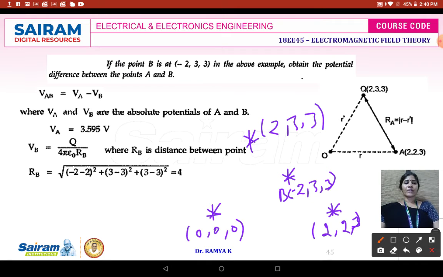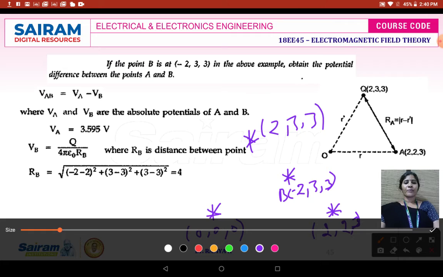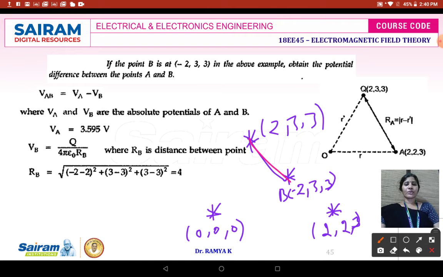Now we need to identify the distance between the point charge and B, which we can identify by using effect distance minus cause distance. Under this condition, point B is going to be your effect, and where the point charge is placed is going to be your cause. Using that, effect distance minus cause distance, the value of the distance is going to be 4.